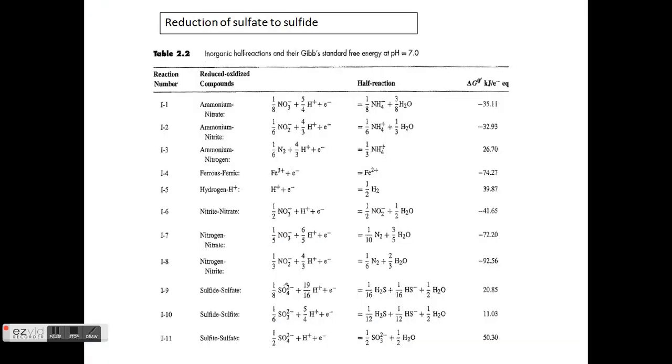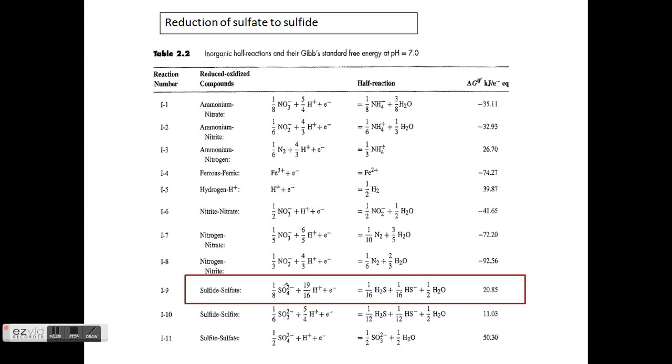So we'll look for the reaction that gives us sulfate to sulfide. We don't see that, but we see sulfide to sulfate. But I told you these reactions are written in the reduction form. So when we look here, we see that sulfate is reduced. It accepts electrons and it produces sulfide. So this is a reduction reaction already. So we don't need to do anything about this reaction.